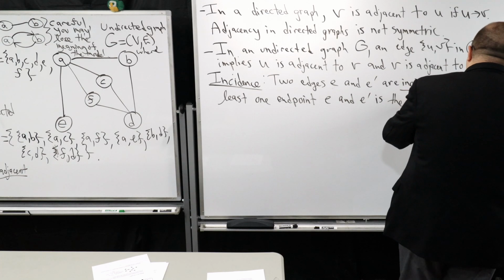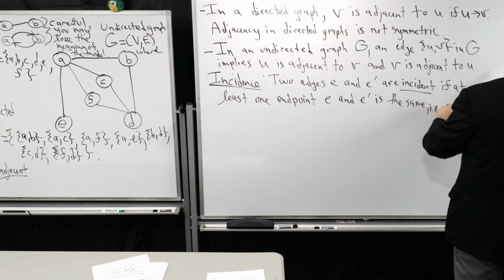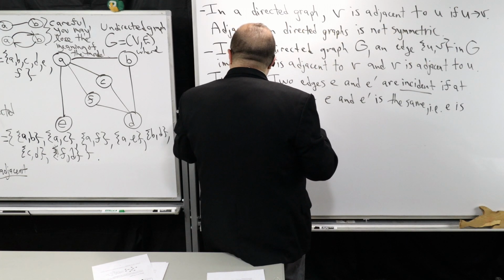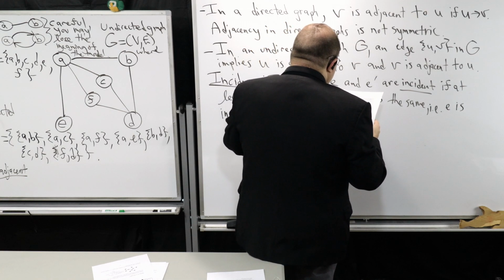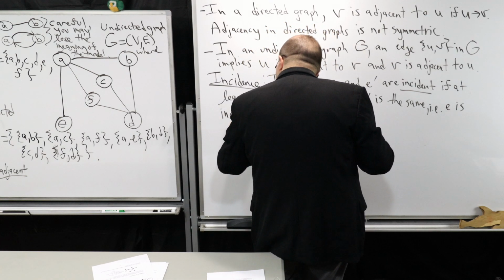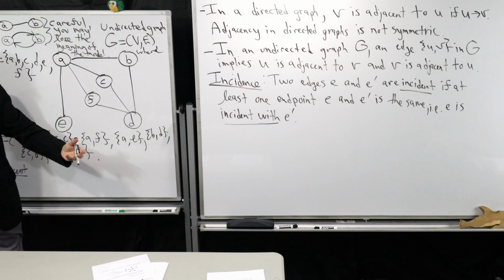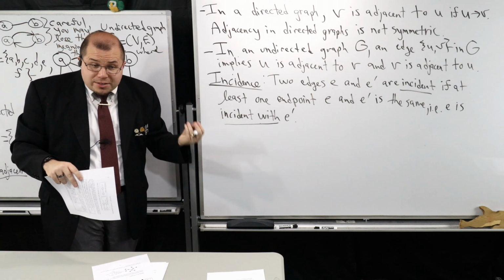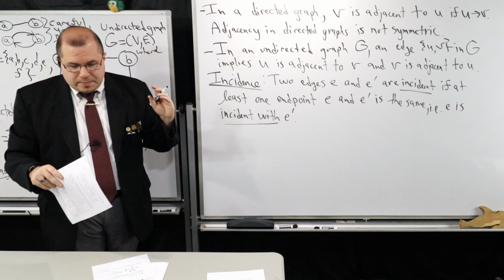When this happens, I'll say that E is incident with E prime. That's the phrasing I'll typically use. So if I talk about two edges and there is at least one endpoint in common between the two, then I can say that E is incident with E prime.